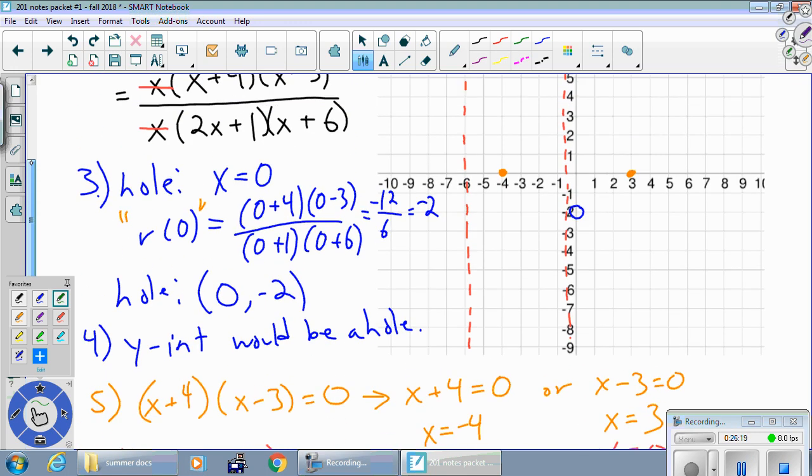Okay, and so we'll plot y equals 1/2 as a dotted horizontal line. It's perfectly okay for the graph to cross that line. But as we approach the far right and far left of this graph, our graph is going to approach that dotted line.